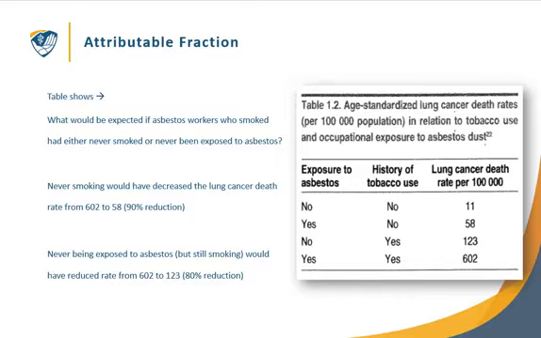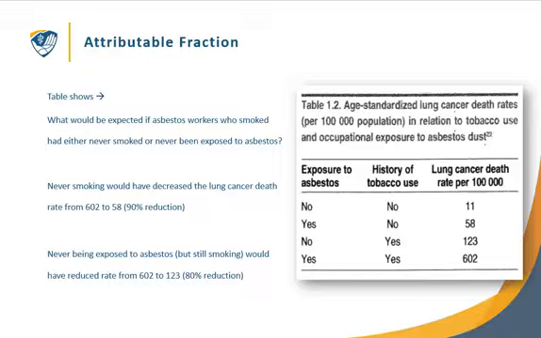From your text, this is an example in this table, age standardized lung cancer death rates in relation to tobacco use and occupational exposure to asbestos dust. So, what would be expected if asbestos workers who smoked had either never smoked or never been exposed to asbestos?